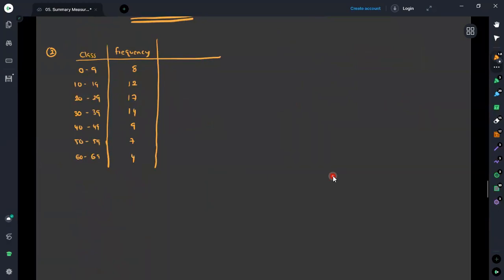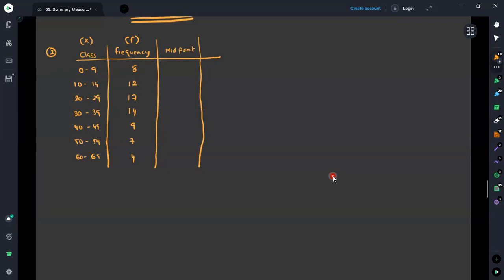Here the classes we can say are the variable x, and the frequency we can say is the value for f, but since it is a class, we have to find out a generalized value for it. The first thing we need to do is calculate the class midpoint. Class midpoint is considered as the generalized value for the class.